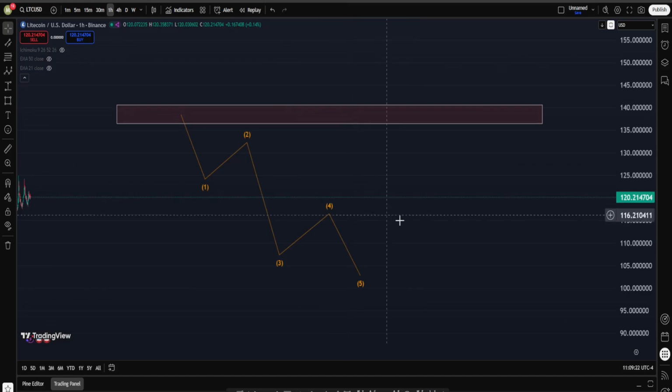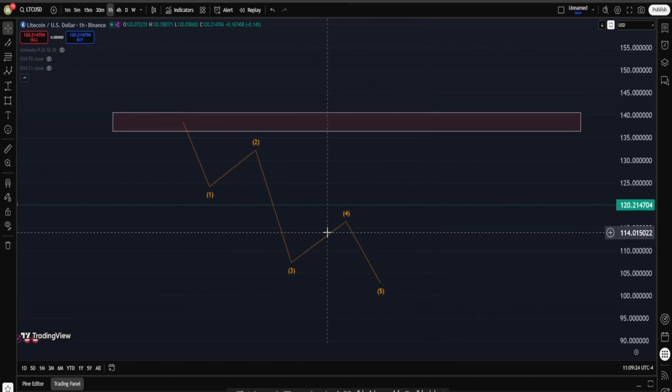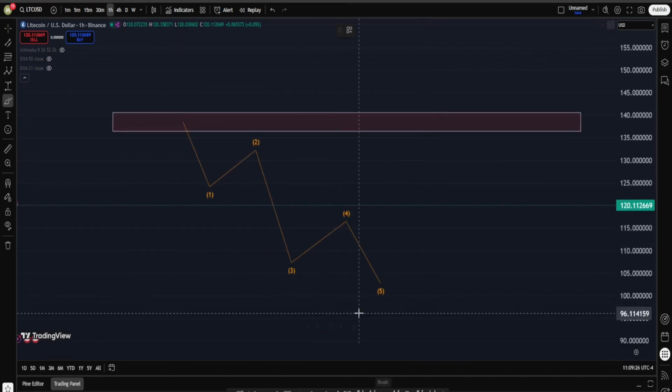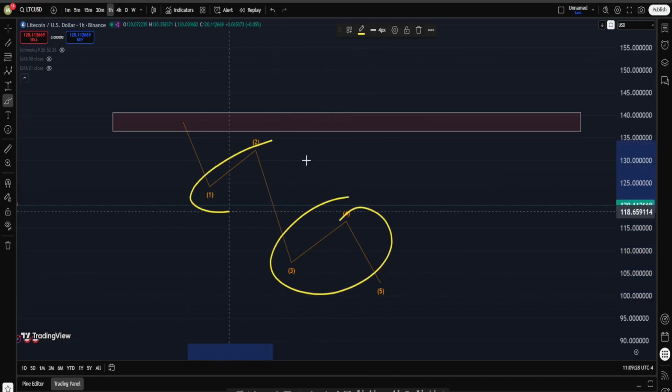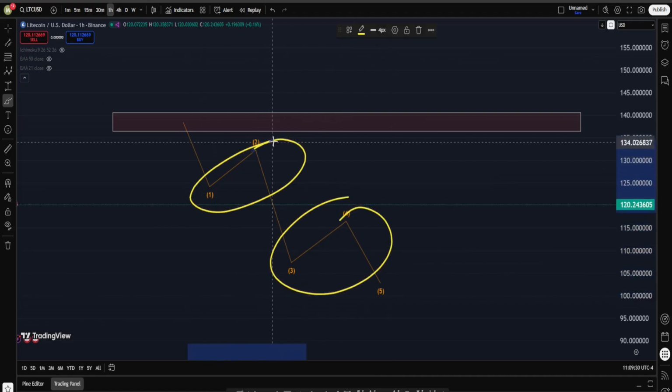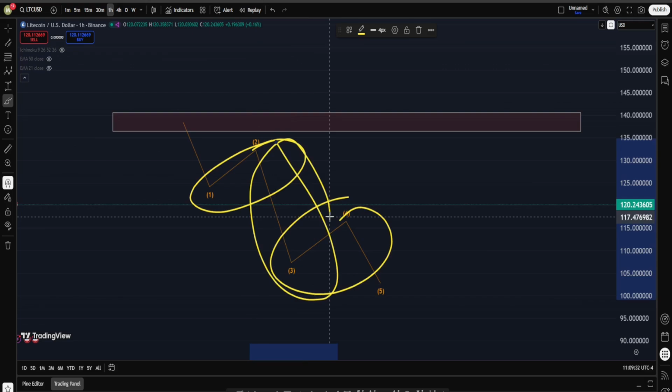This specific structure is called an impulse. Rules for it are we should not have overlapping of the waves between our wave 2 and 4, and in any kind of 5 wave, our wave 3 is simply not allowed to be the smallest wave. Pay attention to this rule. We are actually going to use this in our analysis.